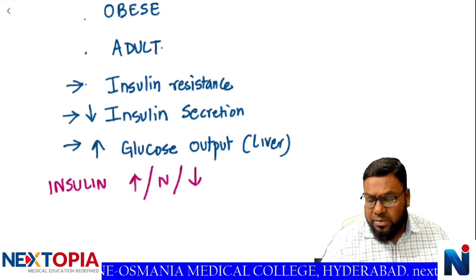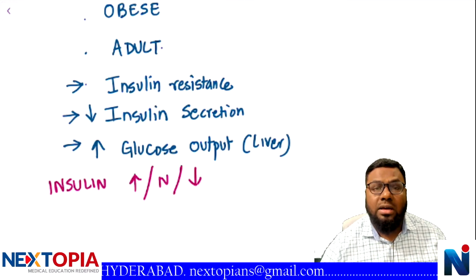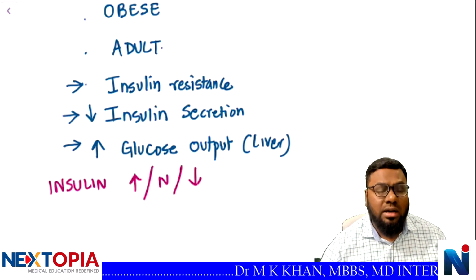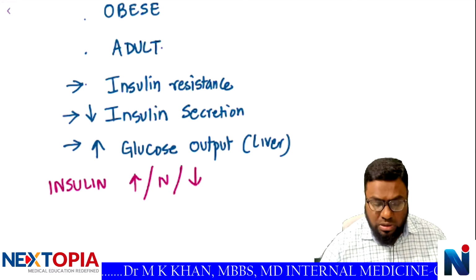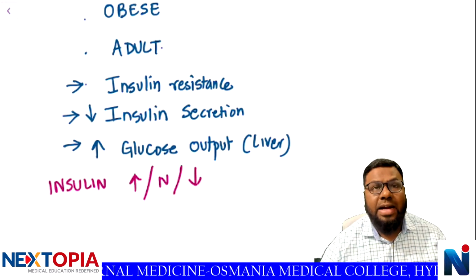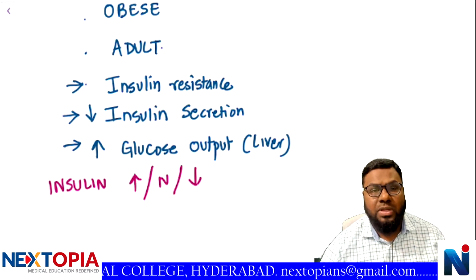Then the patient with exercise and diet can get back to normal in mild cases. In mild cases, blood glucose levels decrease to some extent with good diet and exercise.